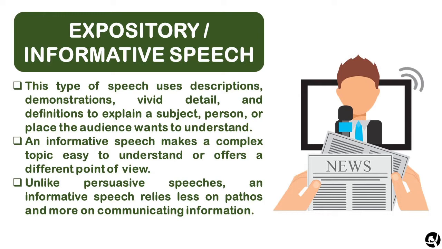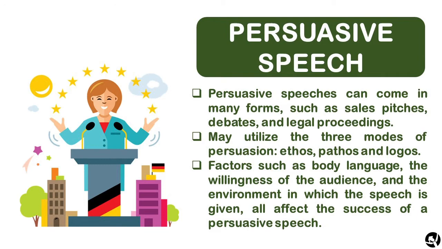Instead, an informative speech might rely on visual aids, for example, in order to give the audience a visual representation of important information contained in the speech. Providing the information in multiple forms during the speech increases the likelihood that the audience will retain the information included in the speech.